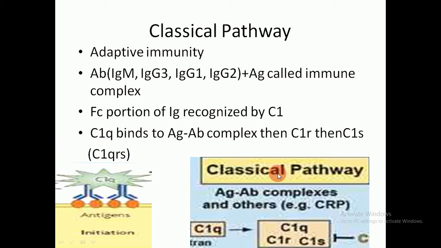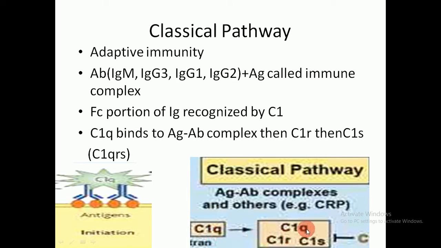So this is the classical pathway. This is the antigen and antibody, and this is called the immune complex, which initiates the classical pathway. So this antigen-antibody immune complex will bind to C1q. C1 consists of C1q, C1r, C1s.